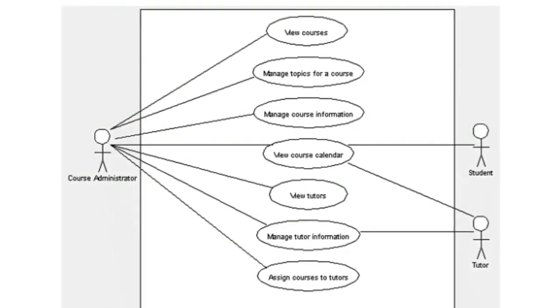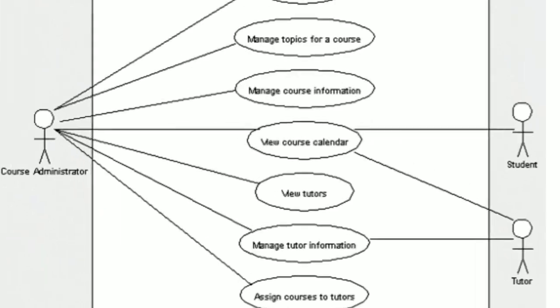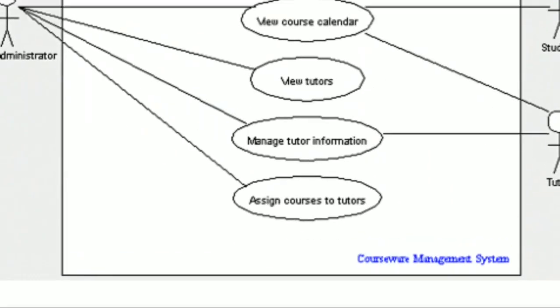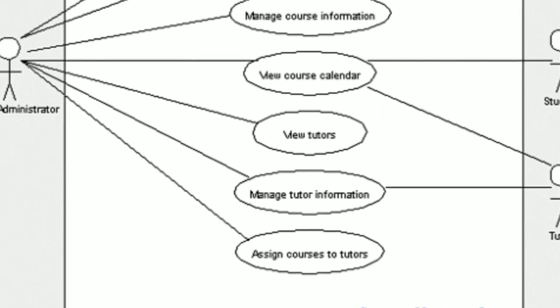Then view course calendar. So the course calendar can be viewed by the tutor on the right side, then the student on the right side, and on the left side your course administrator. Now view tutors, the course administrator can view the tutors. Manage tutor information. So your course administrator and tutor will manage the tutor information, and assign course to a tutor.